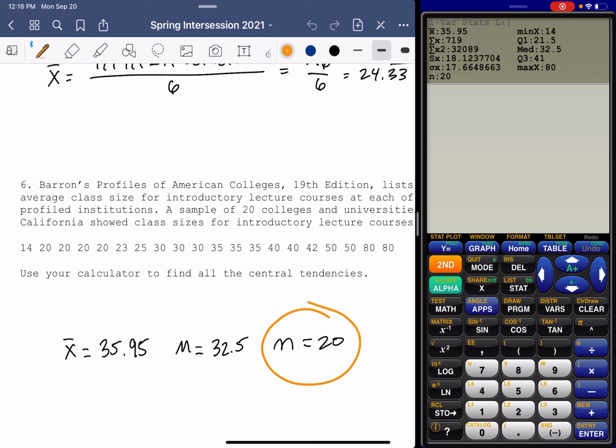Luckily, these numbers are in order, right? Yes, there is a way to find it in the calculator. If these numbers were not in order, you can put them in order, and then you can look to see which one has the most frequent, and you can see that this is the most frequent in this case.